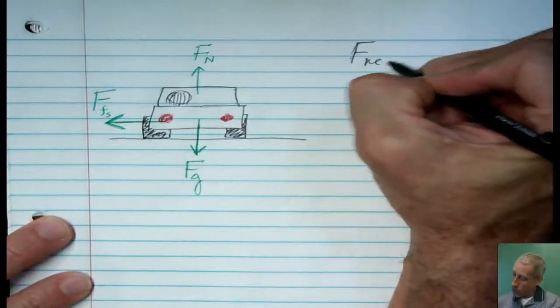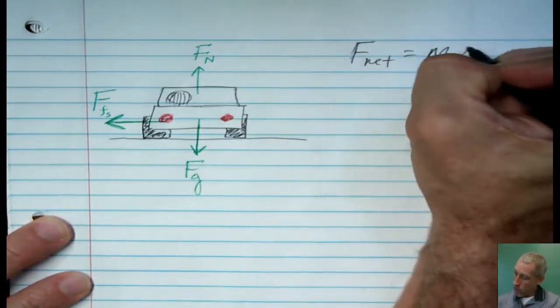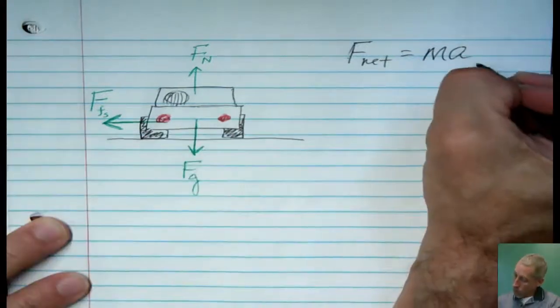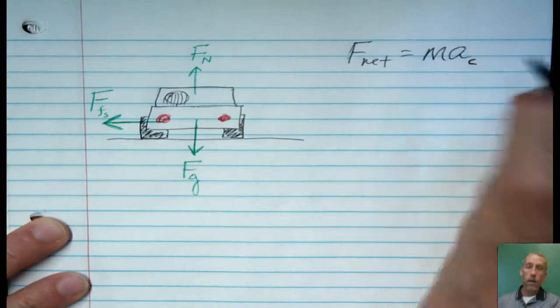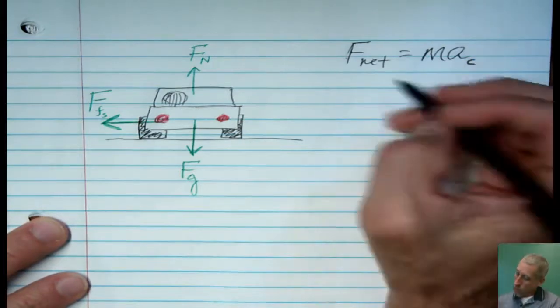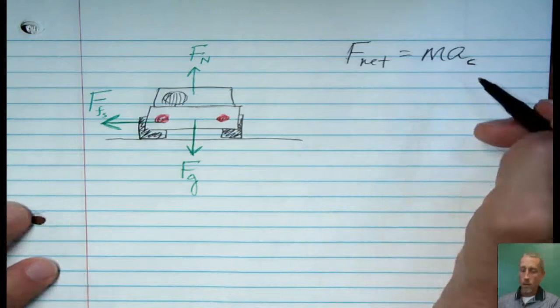It starts somewhat generically with F net equals ma. And when I deal with circles, I like to start with putting the little c next to my acceleration. That reminds me that this is the centripetal type of acceleration, not the getting faster or getting slower type. Now, what is my net force that's causing the acceleration?